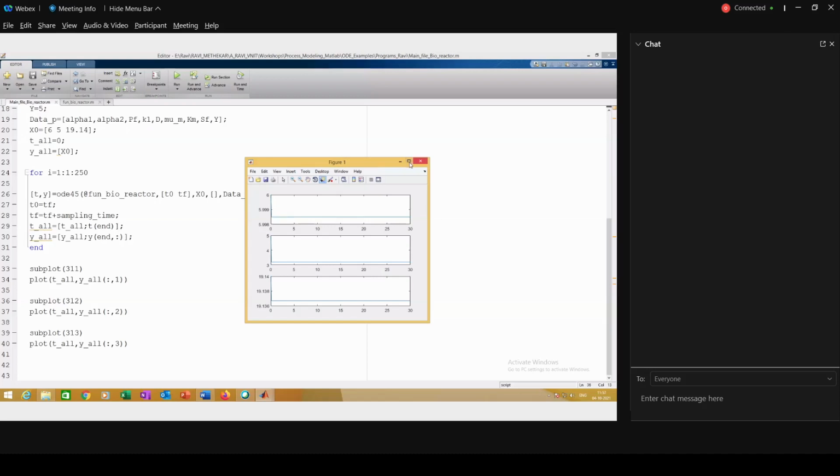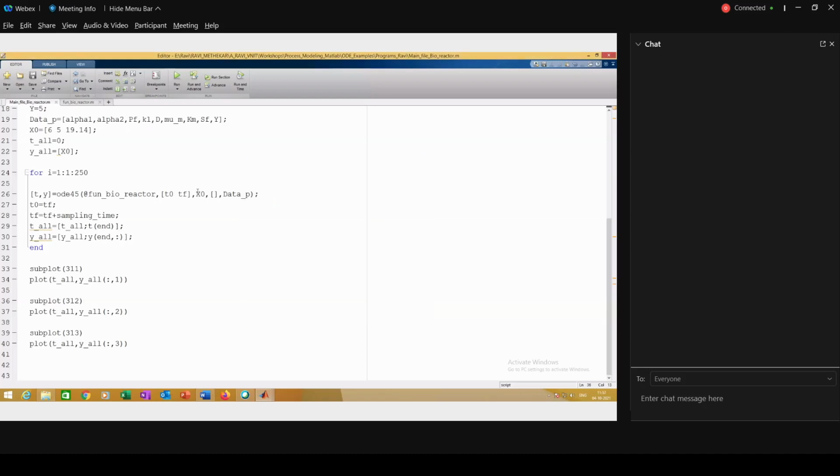Okay. See, what initial condition have I given here? Sir, the initial condition is that t is equal to 0. Agree? Yes, sir. Now I am simulating from t0 to tf. When the t0 value is 0, that initial condition was correct.